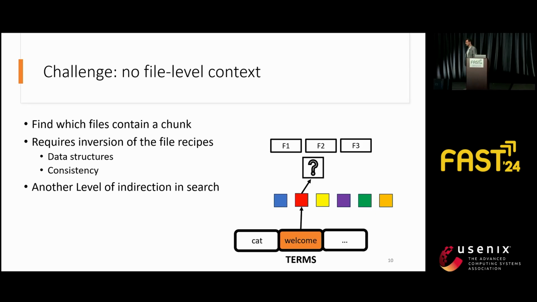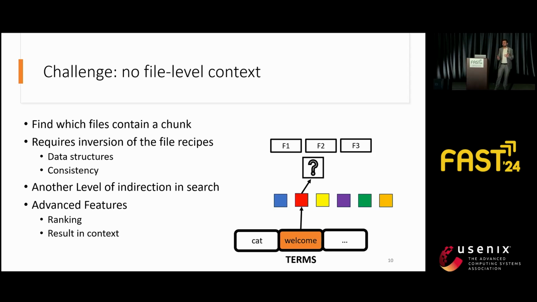And we add another level of indirection to the search, which makes everything more complicated, which means that we need to create a new indexing method, new data structures, and a new lookup algorithm. Also, I said that there are advanced features in the traditional index system, so we will try to support that too.